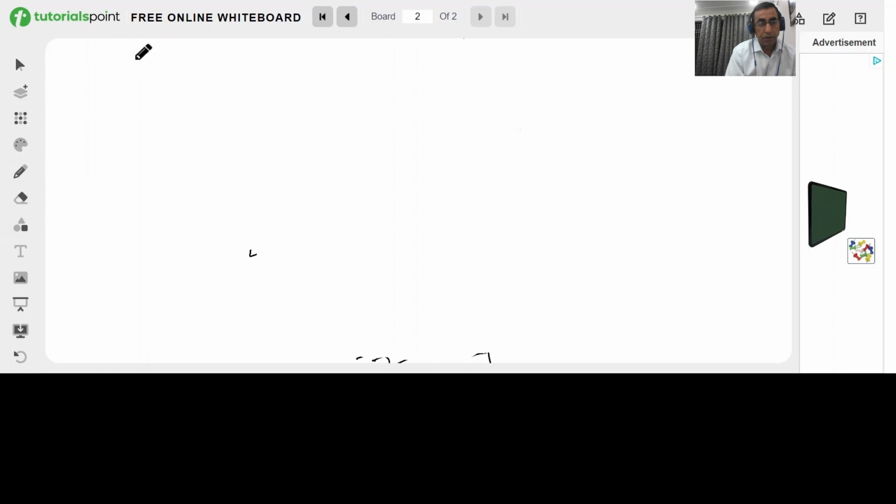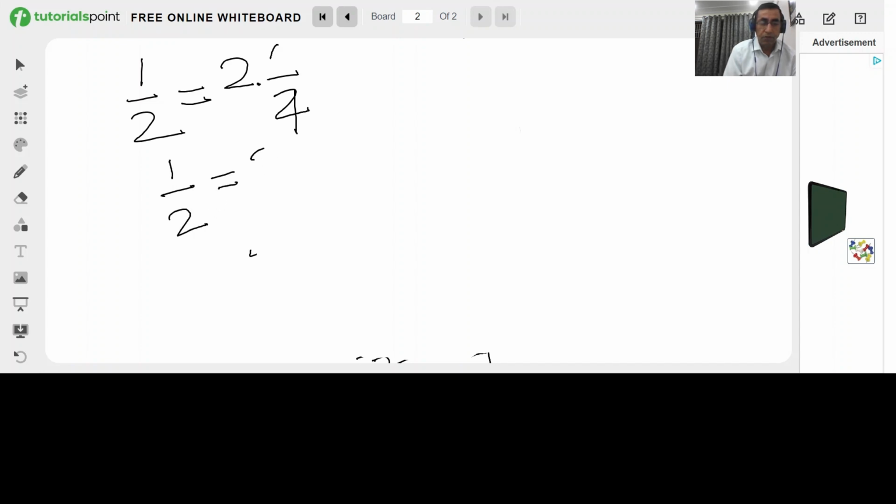Now 1 by 2 is equal to 2 times 1 by 4, the multiplication sign, or 2 by 4, the same thing. So 1 by 2 is equal to 2 by 4.